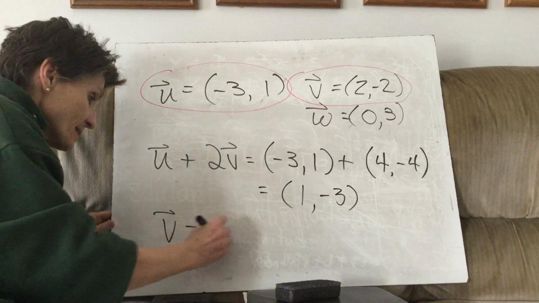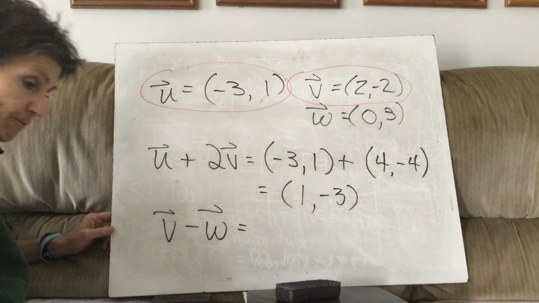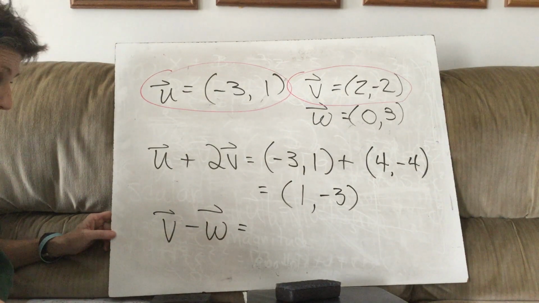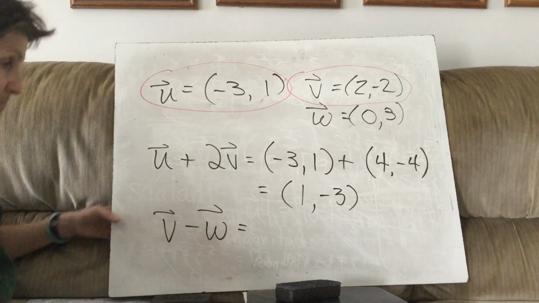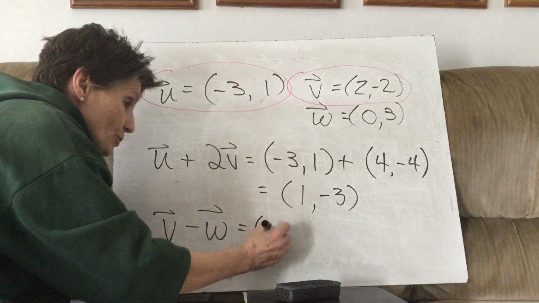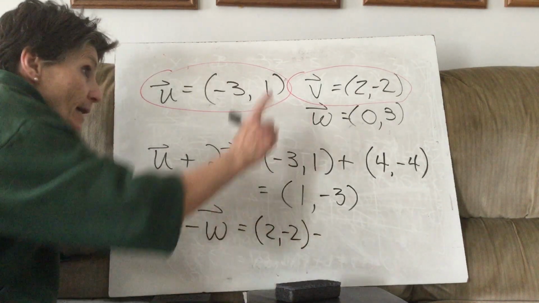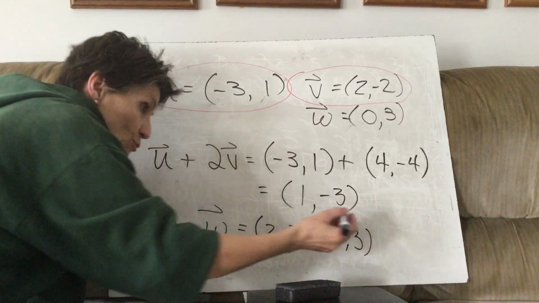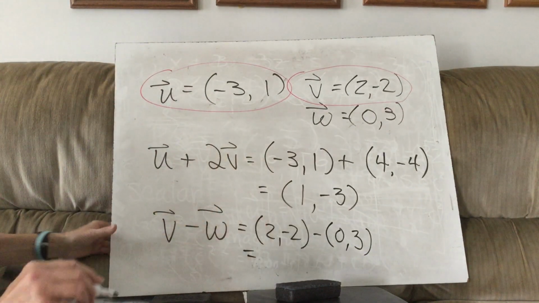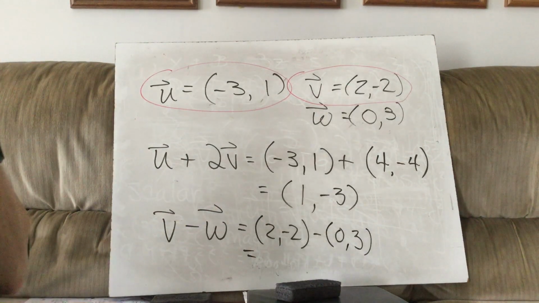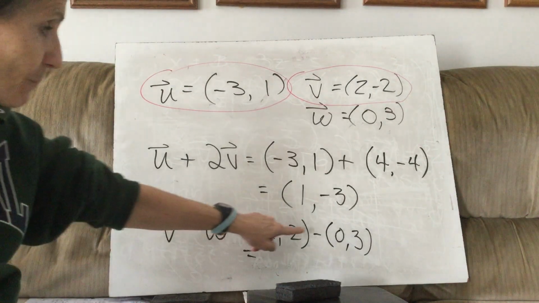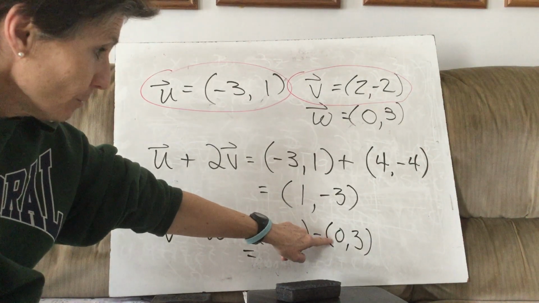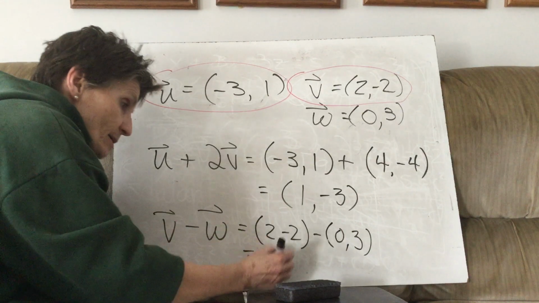V minus W. Now this is our first one where we've done a subtraction. So V is 2, negative 2, and W is 0, 3. Now subtraction works just like addition. So we're going to take 2 minus 0, and that will give us 2.